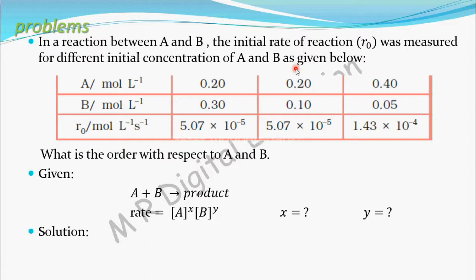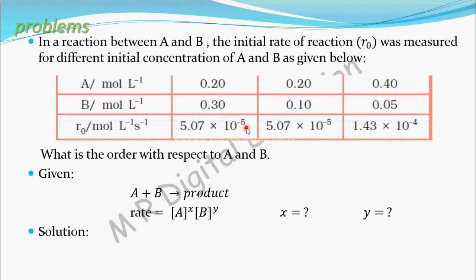Now see how much rate is changing. You are keeping concentration of A constant and you are decreasing the concentration of B from 0.30 to 0.10.